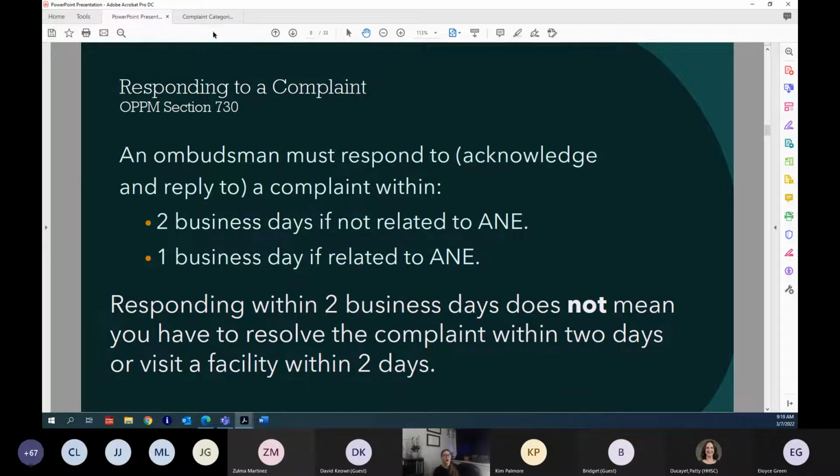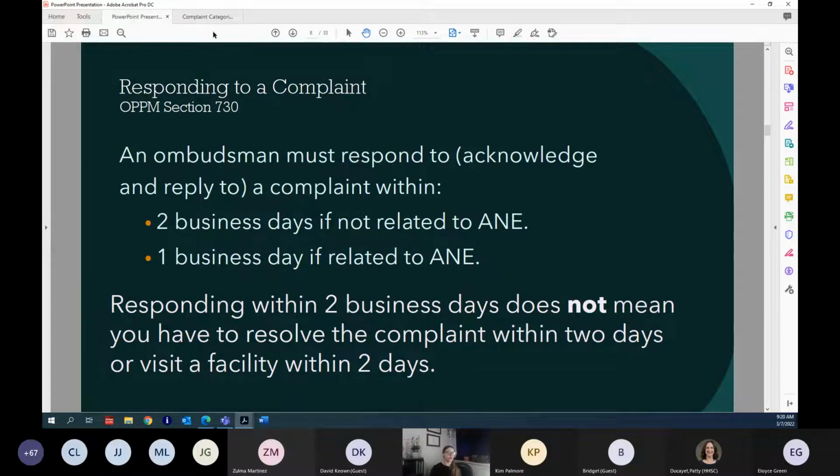We as ombudsmen are required to respond to a complaint within 2 business days if the complaint is not related to abuse, neglect, or exploitation, and within 1 business day if the complaint is related to abuse, neglect, and exploitation. And you'll remember that if it's related to abuse, neglect, and exploitation, then we need to respond with information about the investigative authority that determines whether or not abuse, neglect, and exploitation happens.